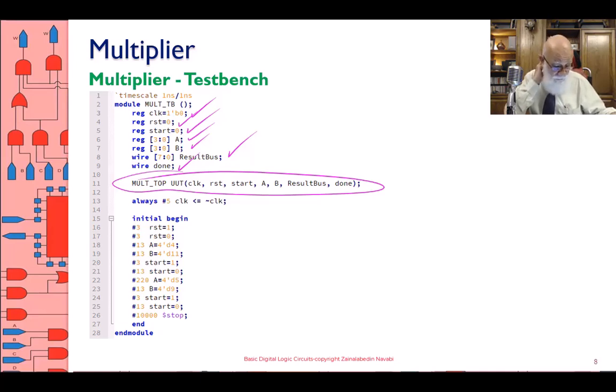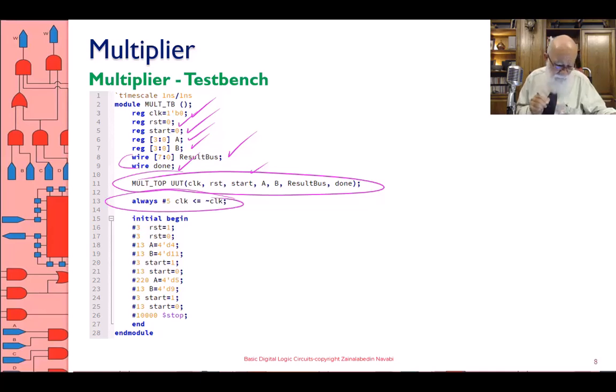Now, why is done a wire? Because it's the output. The rest of them I'm assigning values to, so those are all inputs. Actually, result bus is, of course, a wire also, because that's also output. And then I associate the clock, reset, start, A, B, result bus, and done with the inputs and outputs of the top level multiplication unit.